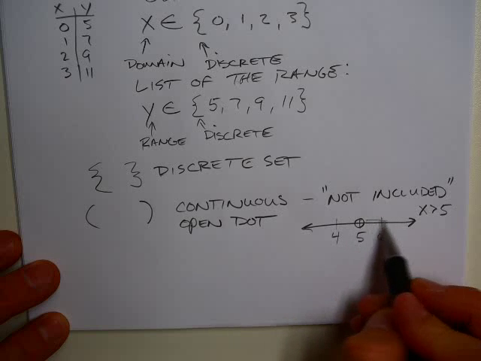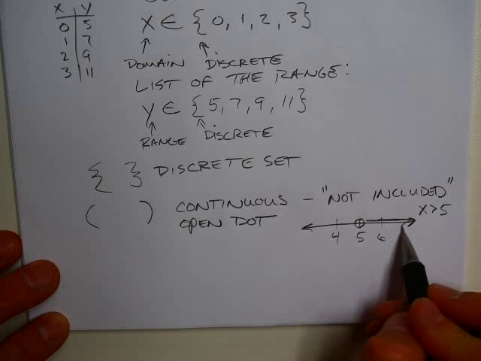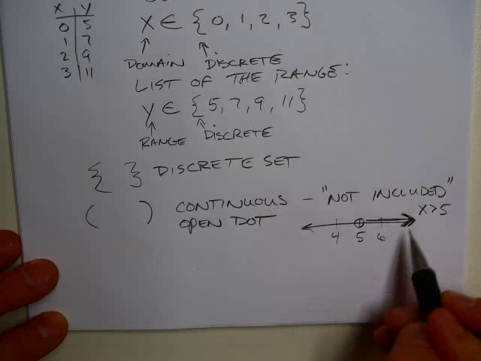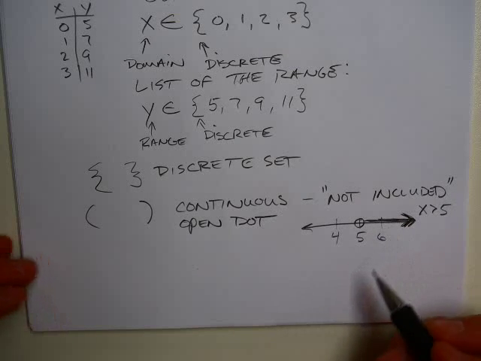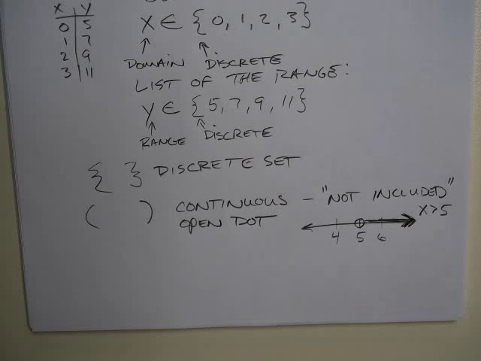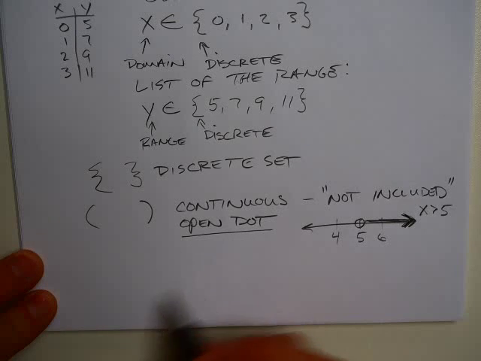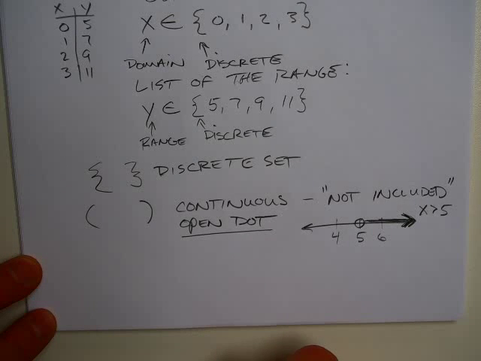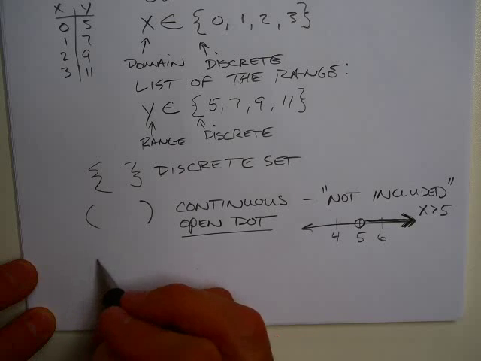And then this would shade in one particular direction. So what I want you to think about is this. When you see the parenthesis, it's like an open dot at the end of some line. What if it's a closed dot? Then it's brackets. That's correct. Yeah, it's brackets.